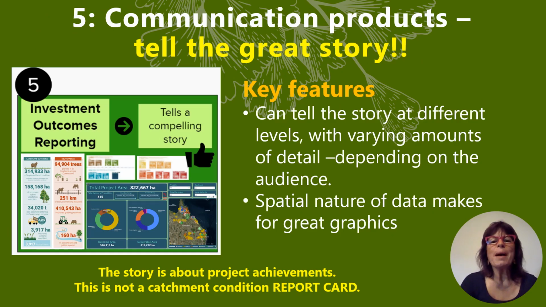This component is about telling that great, compelling story through a range of communication products. Importantly, we've set it up so that we can tell the story at a range of different levels with varying amounts of detail according to the audience. So you can have a one-pager which just summarises the stats. You can also have more detailed information through project stories and other summary data that comes through this system.